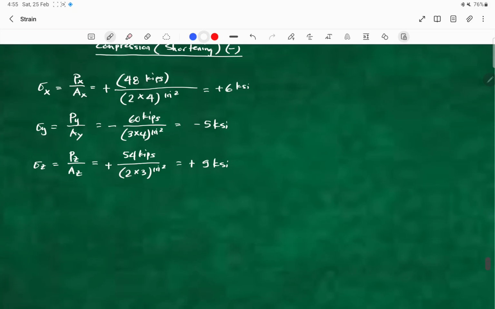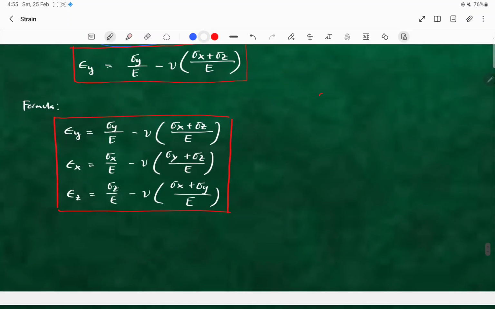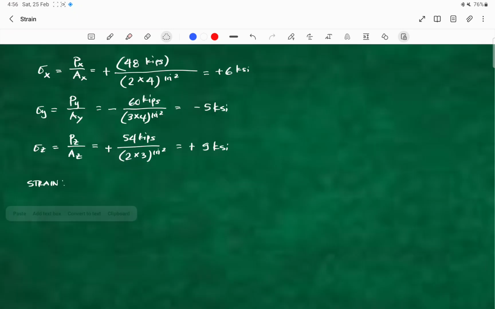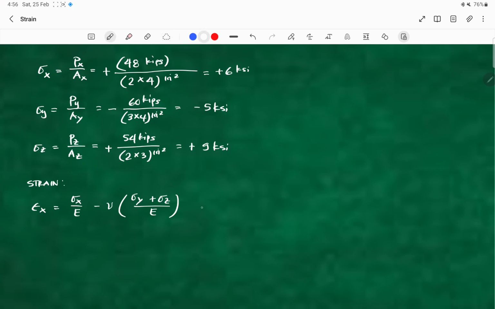So ngayon, makukompute na natin yung strain, no? So ito yung formula na na-derive natin. Unahin ko muna yung X. So ito yan, ha? So substitute lang natin yung mga values.